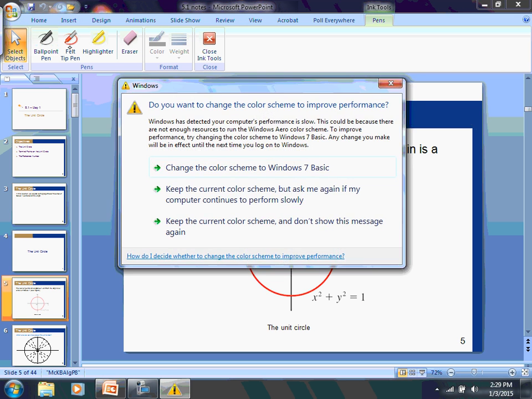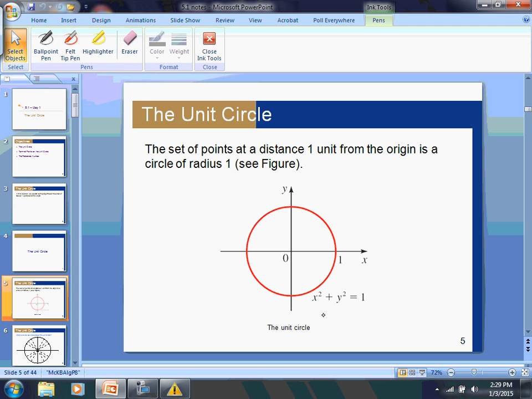And we also have the equation for our unit circle down here. X squared plus y squared equals 1. That's the generic equation for a circle. And usually we see it as x minus h squared, and then y minus k squared equals the radius squared.